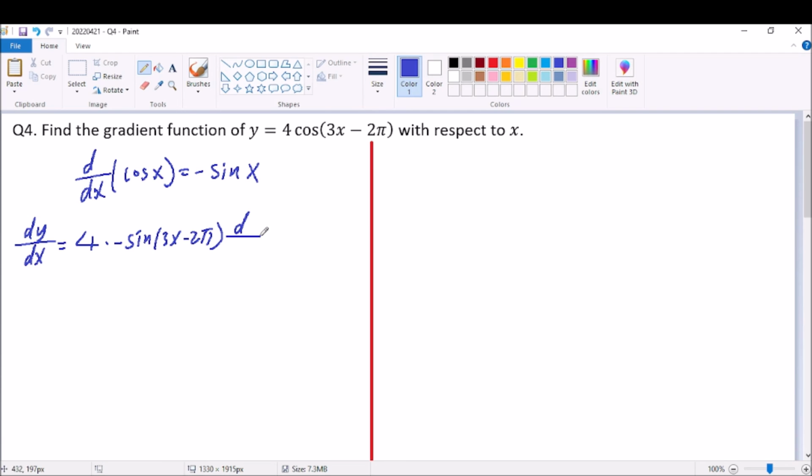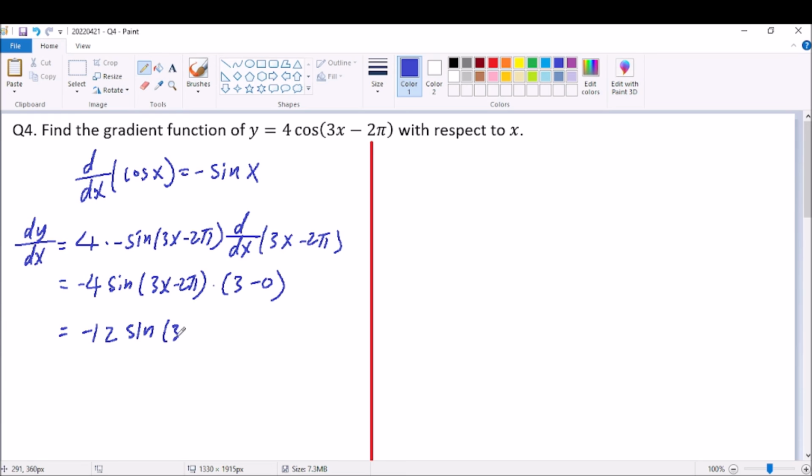Now we differentiate the inner expression 3x minus 2 pi. So we have minus 4 sine (3x minus 2 pi), and then differentiate 3x is 3, differentiate 2 pi is 0, since 2 pi is a constant. So the final expression is minus 12 sine (3x minus 2 pi).